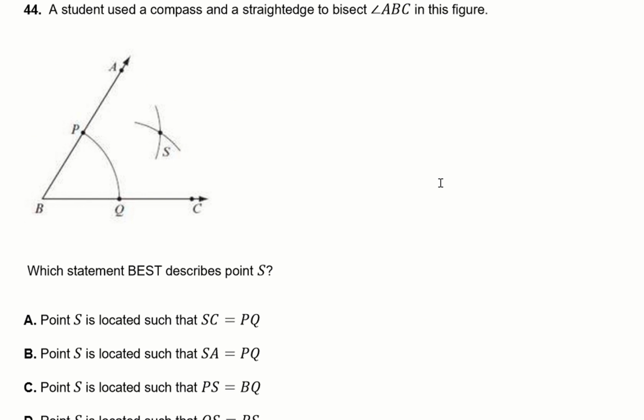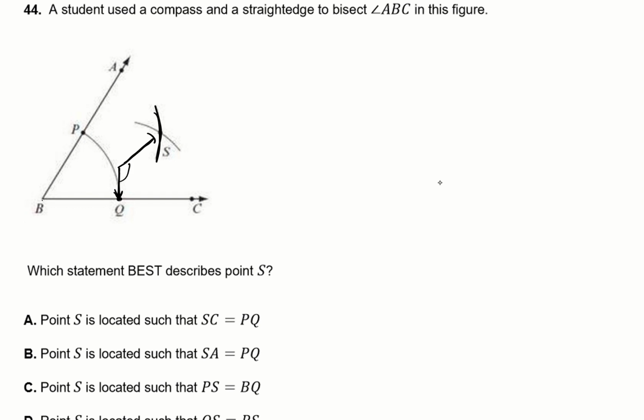All right, a student used a compass and a straight edge to bisect angle ABC in this figure. Which statement best describes point S? So the student that's constructing this is constructing the angle bisector. Whenever you construct this bisector, remember that you put your compass here and then you put the compass here and then you draw the arc here, right? And then you do the same thing here.